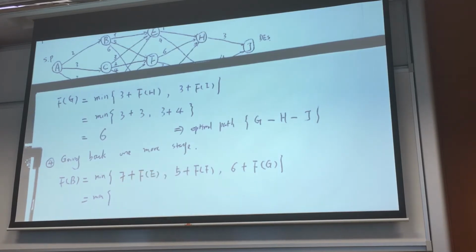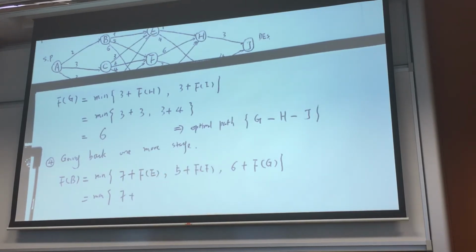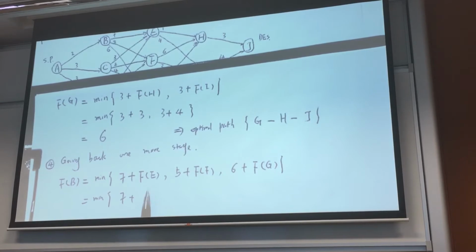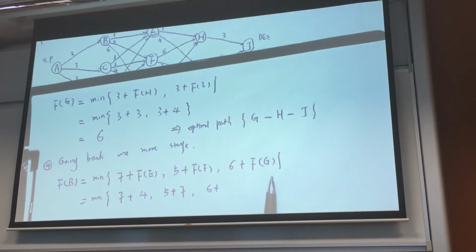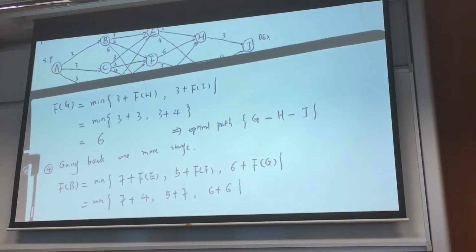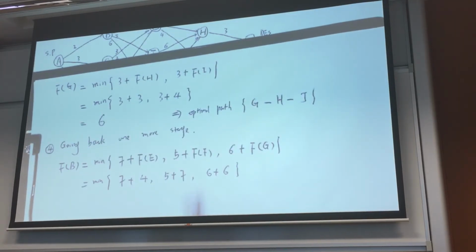So this can be calculated as 7 plus, so the FE equal to 4. So the FF equal to 7, and FG equal to 6. So this is 12, 11.